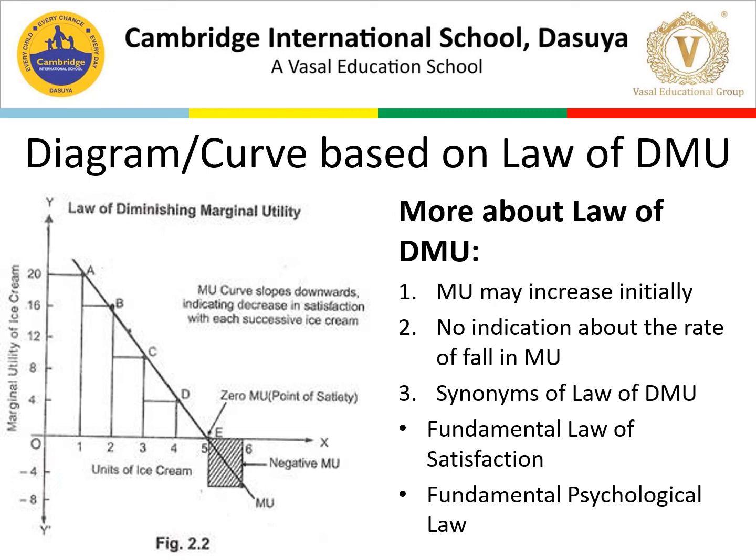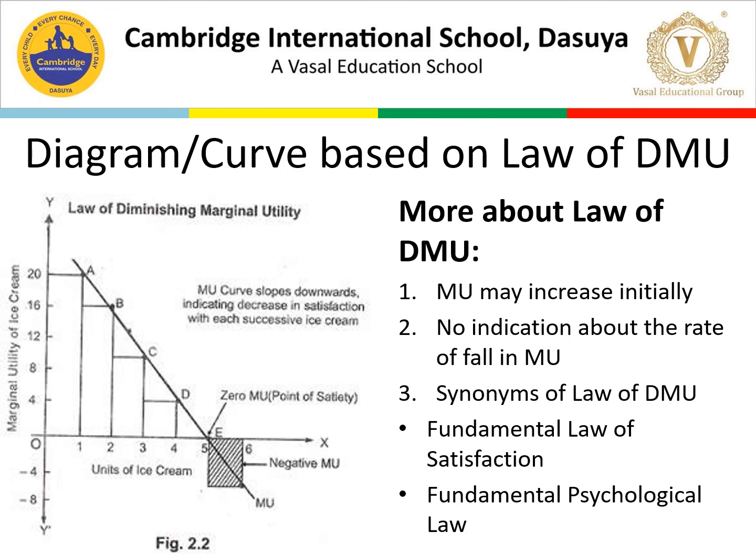The first point where we consumed is A, and the second point is B, where we consumed 2 units of ice cream and got utility B. Then after the third unit we got the utility at point C, at the fourth point we got D, and at the fifth point MU becomes 0, and afterwards it becomes negative.